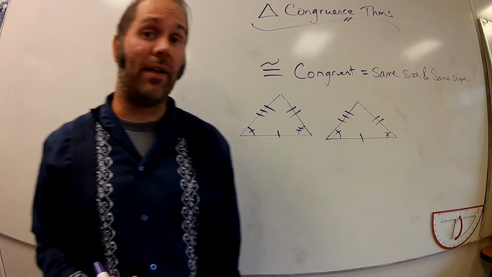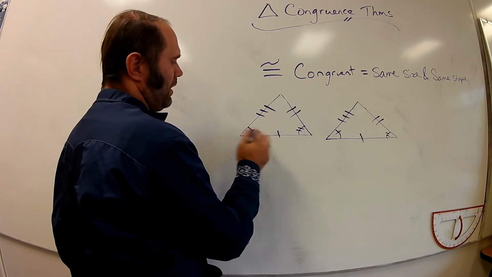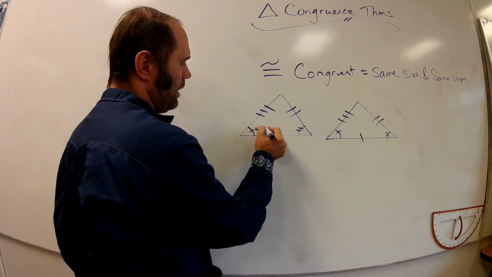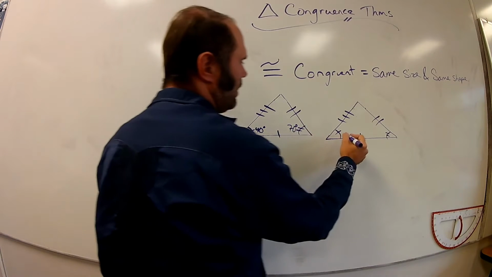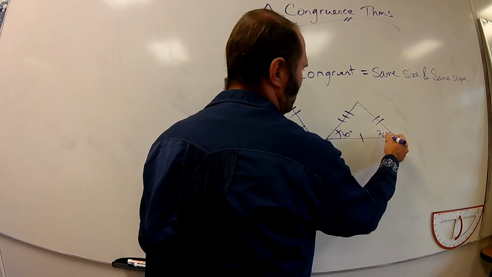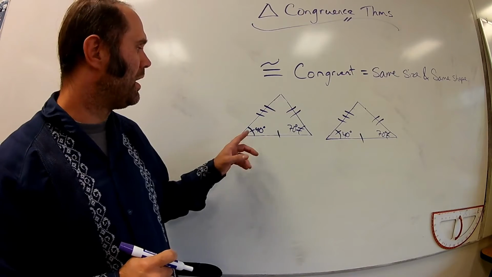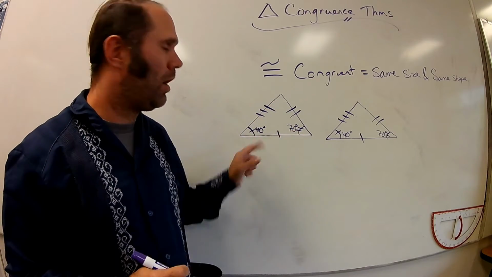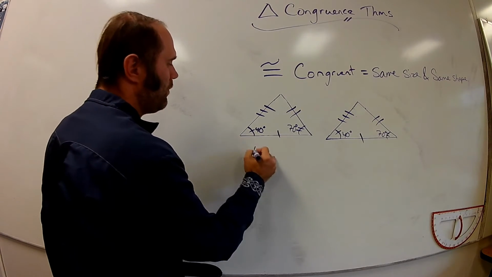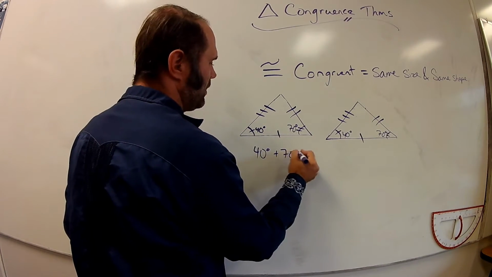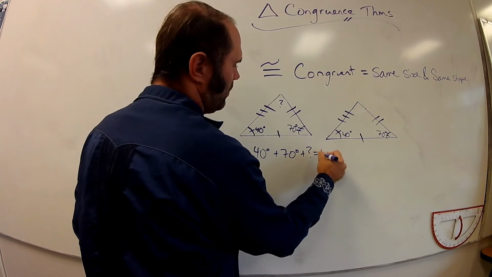And the answer is yes, most definitely. That's because if this angle is, say, 40 degrees, and this angle here is 70 degrees, the triangle sum theorem states that the interior angles of a triangle always add up to 180. So 40 degrees plus 70 degrees plus the question mark, whatever this is, must equal 180.